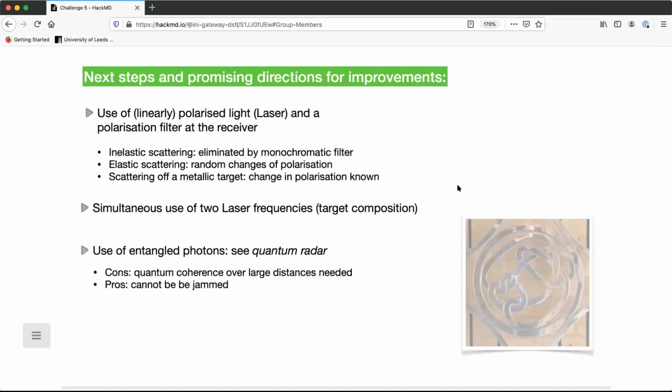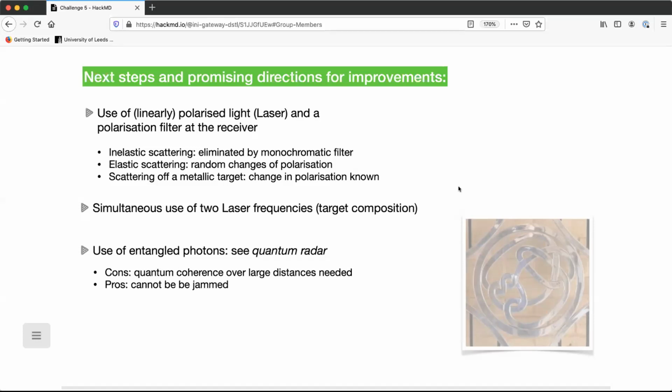But if polarized laser light scatters off metal, you would know the change of polarization. If the photon then comes back and has elastic scattering from leaves, it would change the axis of polarization. So polarization is another way you can apply a cut to your data, and this cut might not be affected by the Poisson noise in the time of flight.